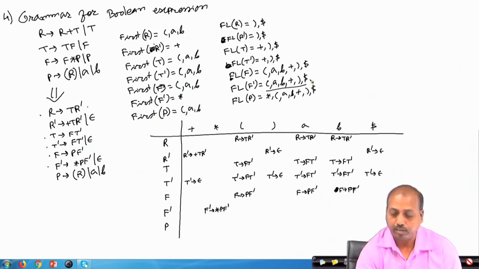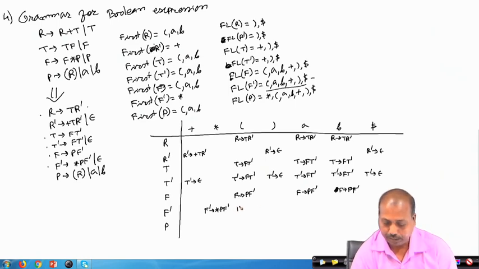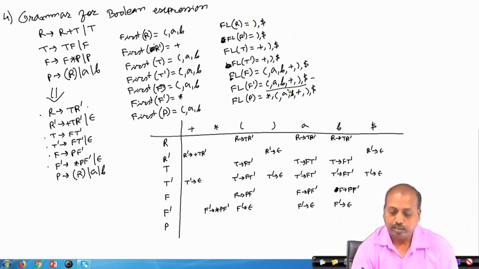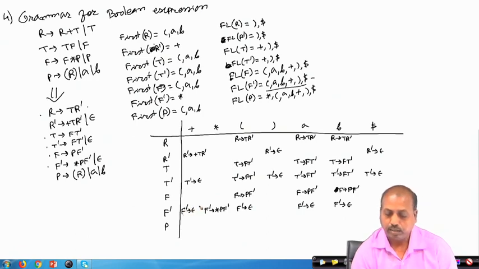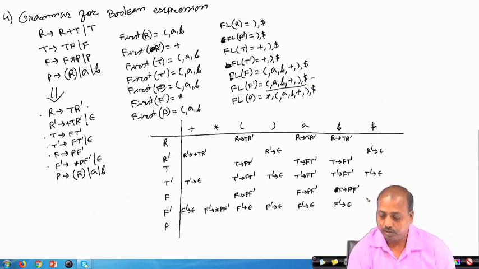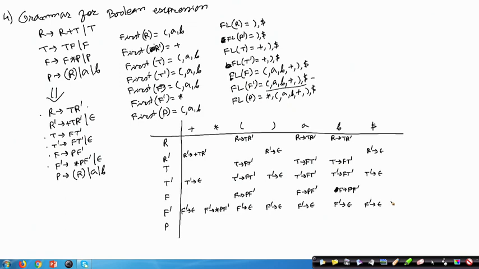The follow set of F dash has got all these entries, so there I have to add this rule: open parenthesis, A, B, plus, close parenthesis, and dollar. So, this has been added.